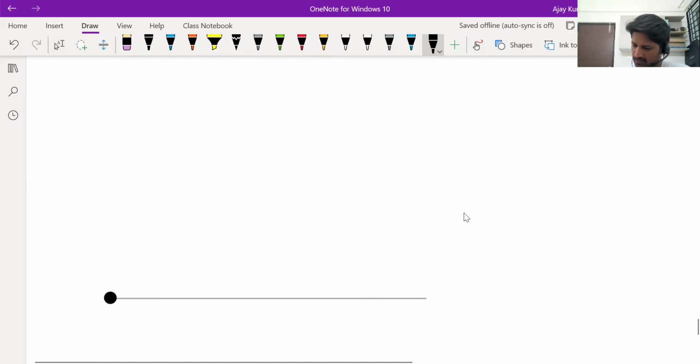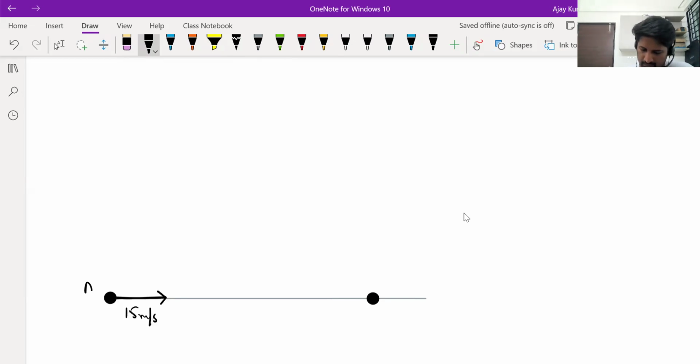Let's say A is here, B is here. A is moving with a speed say 15 meters per second. B is moving in this direction with a speed 12 meters per second.